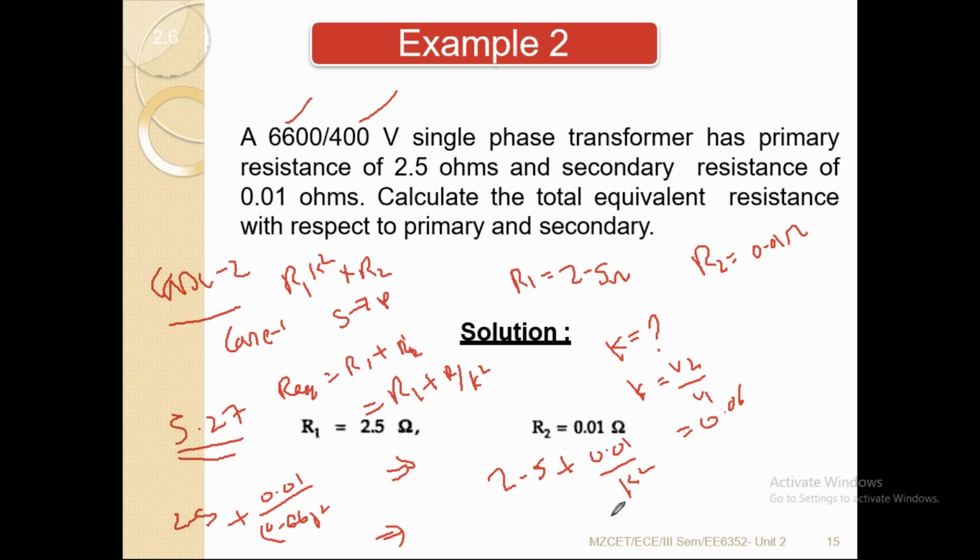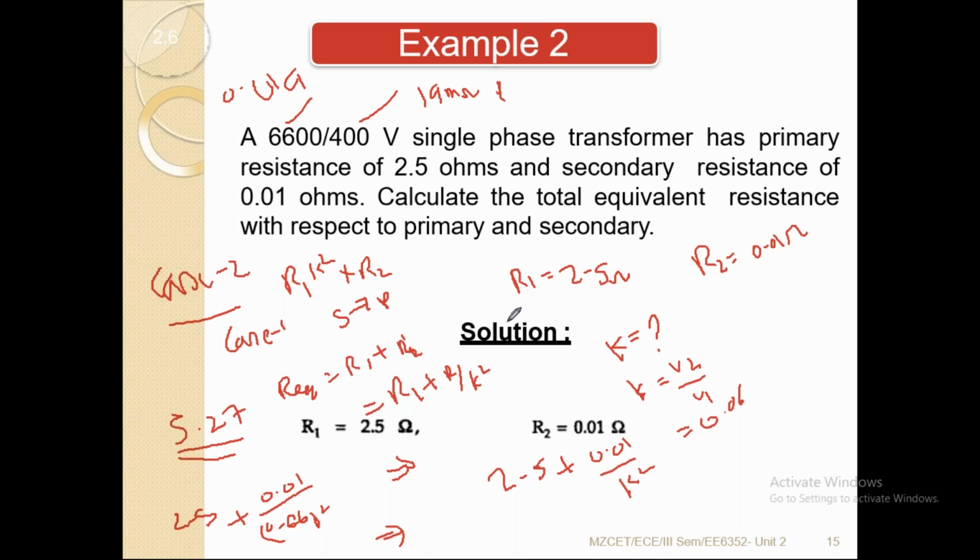R1 K square plus R2. So for case 2, the value of resistance is 0.019. So you can represent 19 milliohms.